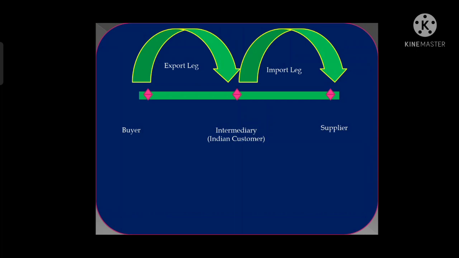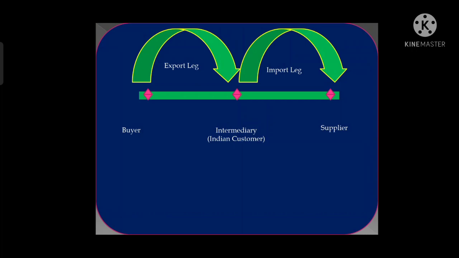Now we will move on to this diagram, which depicts what the import leg and the export leg are. Here three parties are there: buyer, intermediary and the supplier. If the intermediary needs to export the goods to the buyer, before exporting those goods to the buyer, it must import those goods from the supplier.